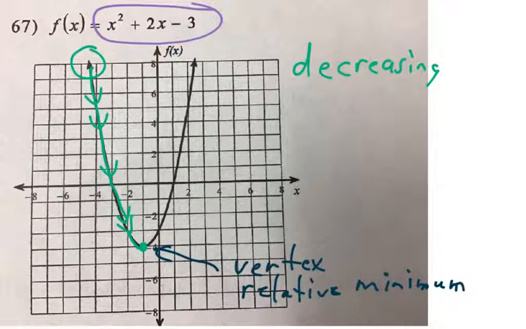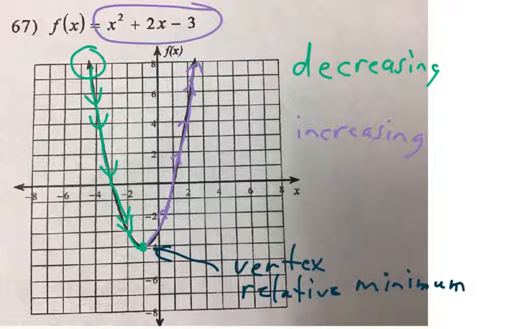So that vertex is a relative minimum value. And then, of course, after that minimum value, it's curving back up, right? The curve just keeps going back up, correct? All right. And, of course, in purple, that would be referred to as when the graph is increasing. Bottom line, when the graph is going down, it's decreasing. When the graph is going up, it's increasing.